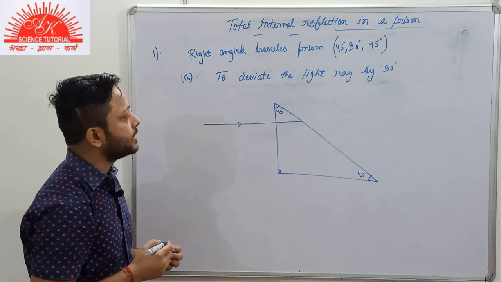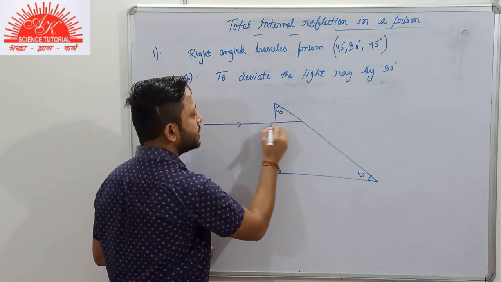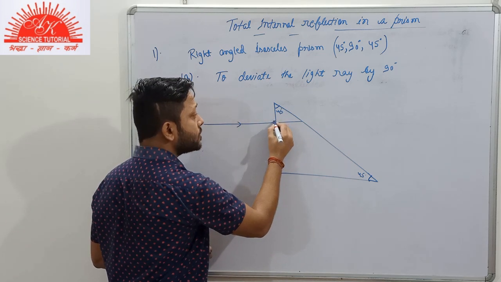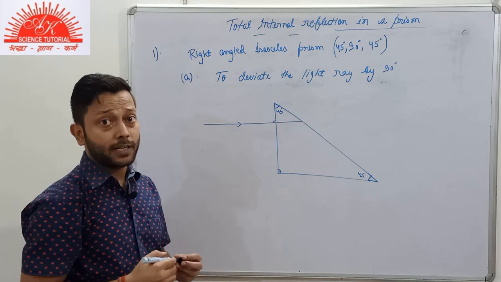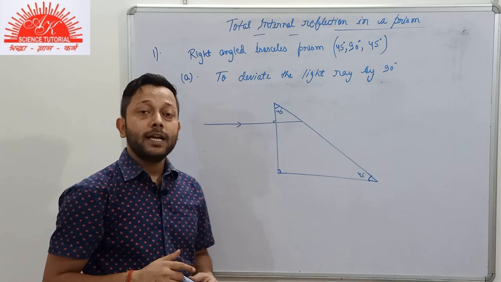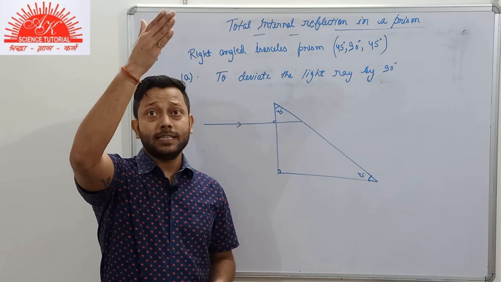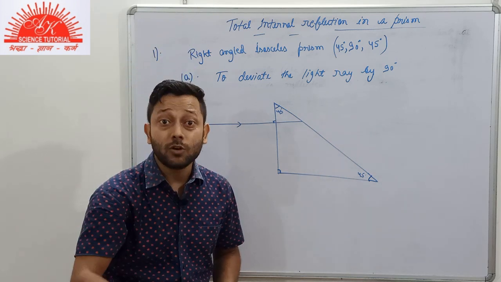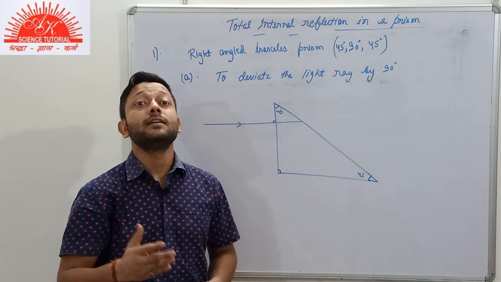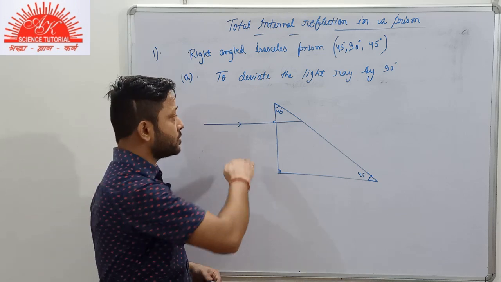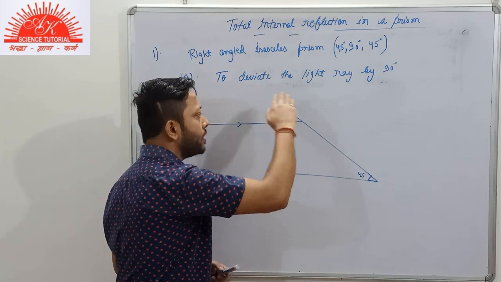So this is our incident ray. As you can see, it is incident normal to the surface, so this angle must be 90 degrees. And you know that if the light ray is incident normal on the surface of separation, there is no deviation, so it passes undeviated.